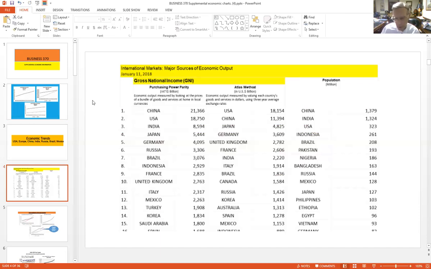The exchange rate back then was about 140 yen to the dollar. Today it's closer to 110.